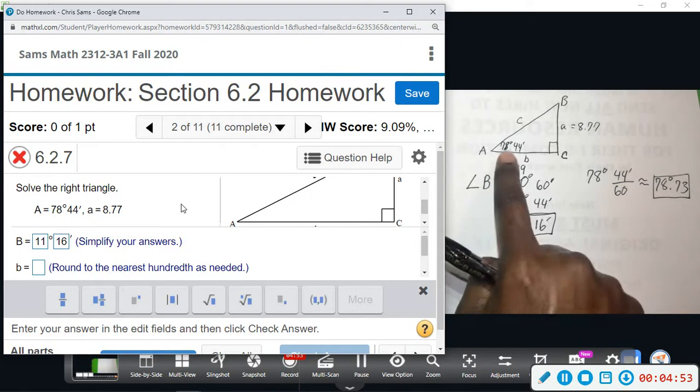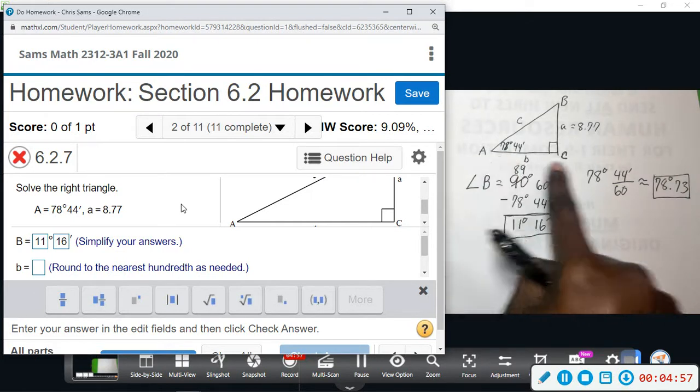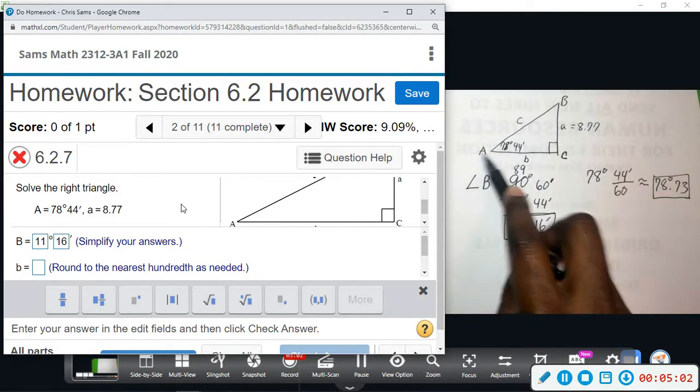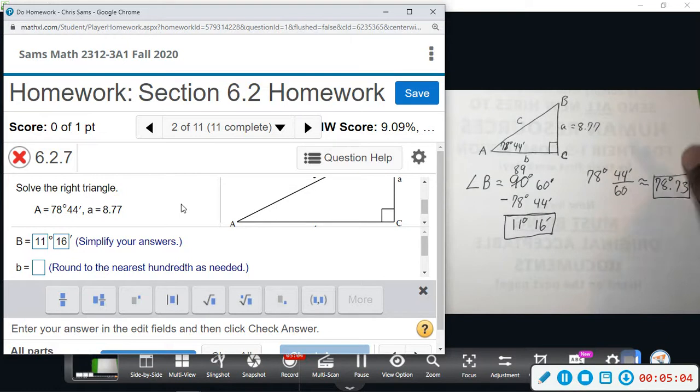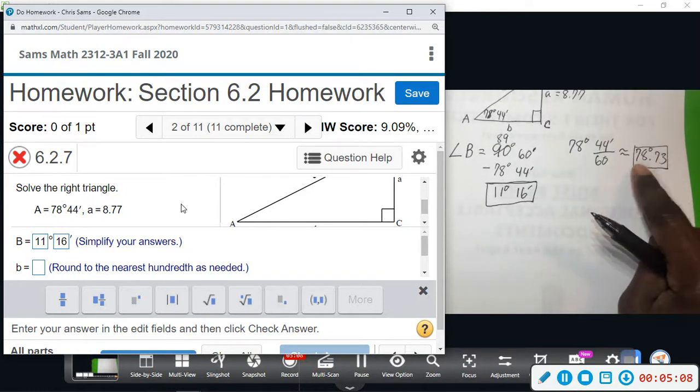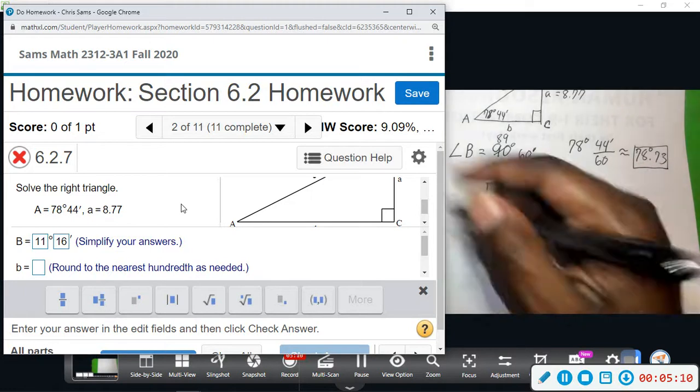All right, from this angle, let's say we want to find B. Well, we have opposite side and adjacent, opposite, adjacent, that's tangent. So we're going to have to do tangent of this angle, and we're going to convert it to degree decimal form.